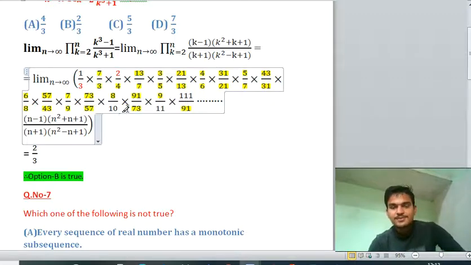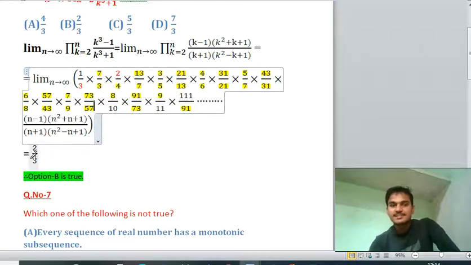So if you observe it carefully, you can know that except 2 and 3, every numerator and every denominator will be cancelled. When you go ahead, you can see, except 2 and 3, all numerators and denominators will be cancelled.